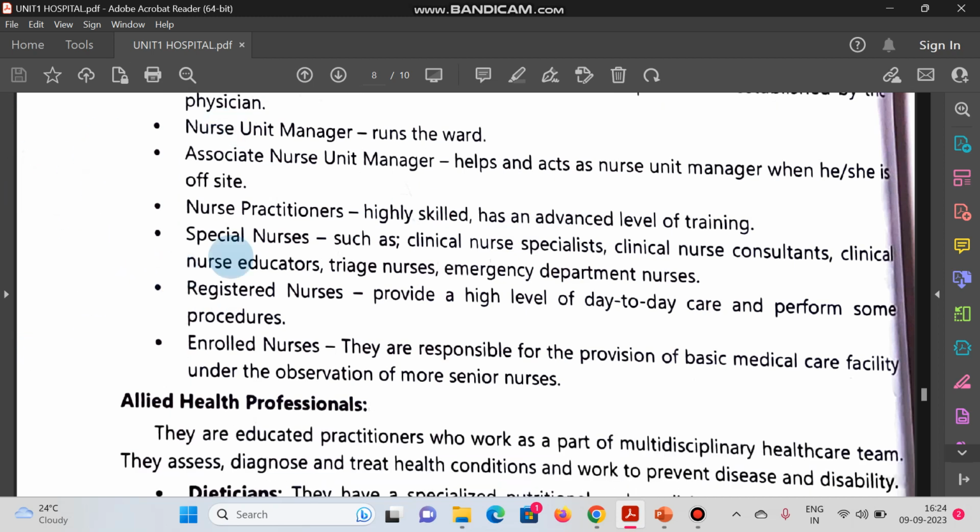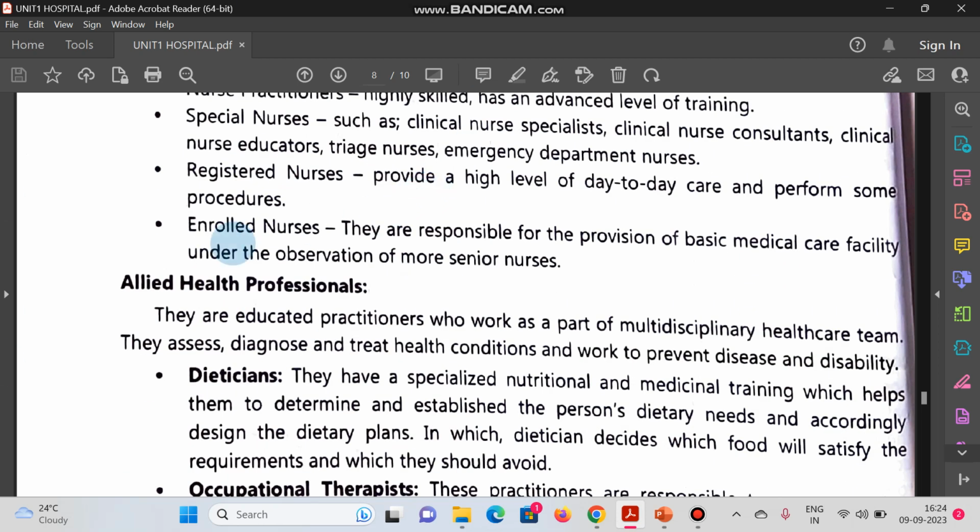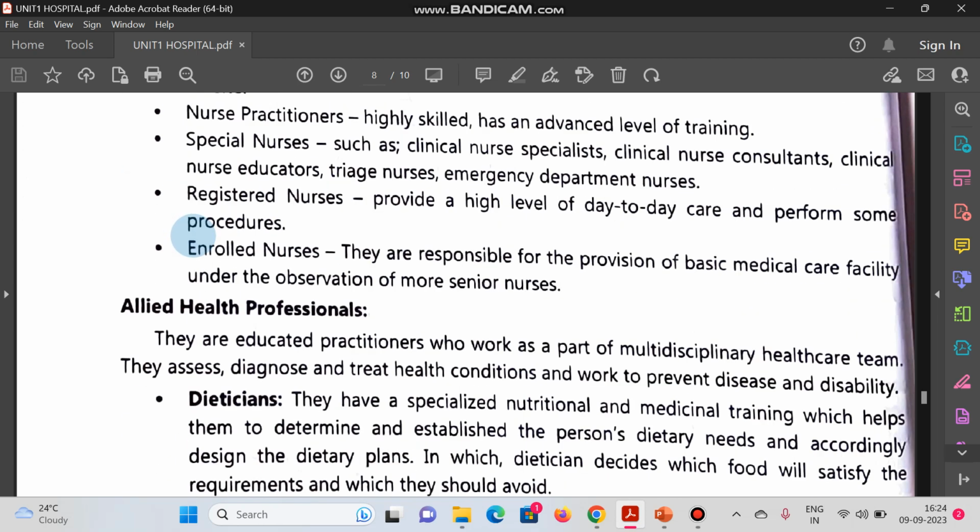We have special nurses, registered nurses, and of course enrolled nurses. Registered nurses are responsible for a high level of day-to-day care and perform some basic procedures. Enrolled nurses are responsible for the provision of basic medical care under the observation of more senior nurses. So this is again a very important component, the nurses.